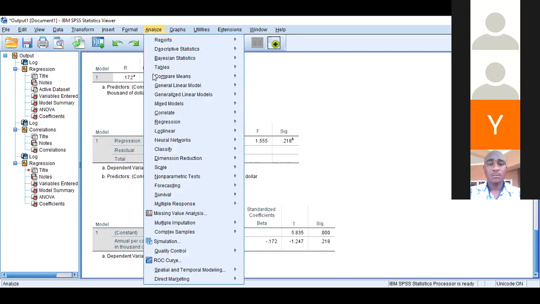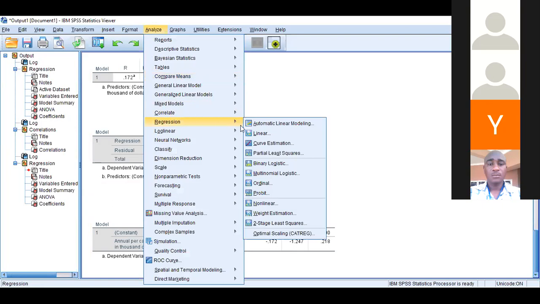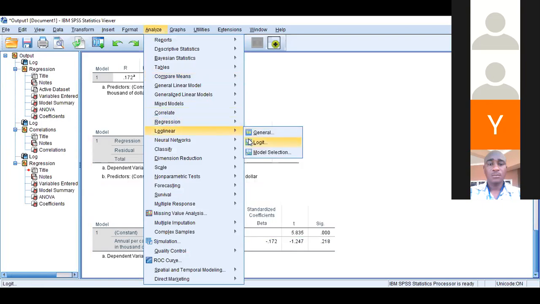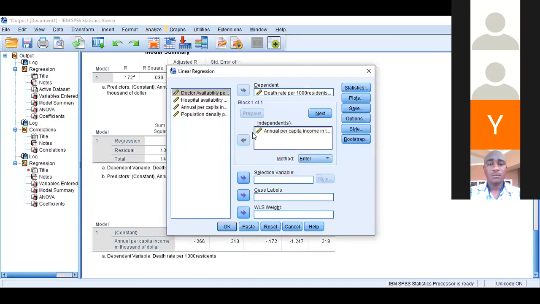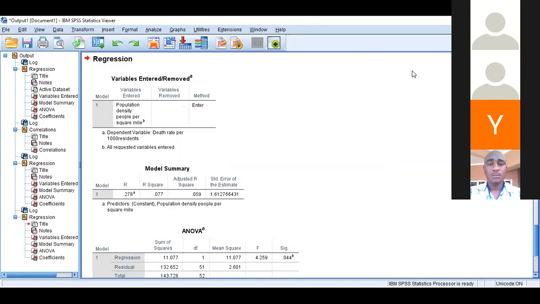Okay, let me do that one by one. So let's look at the last one, population density. Can you see, or should I share again? Now let me share again.